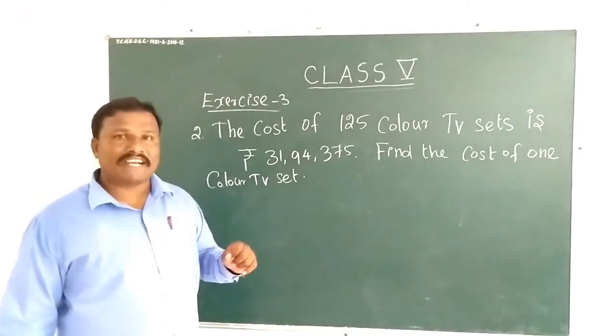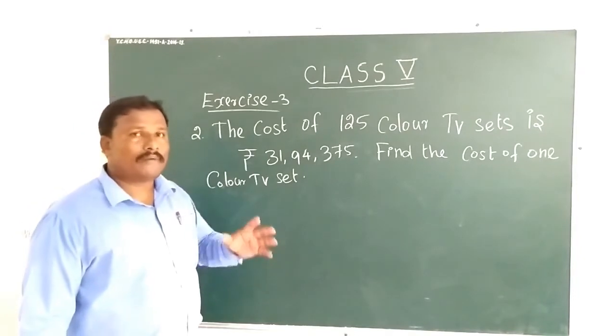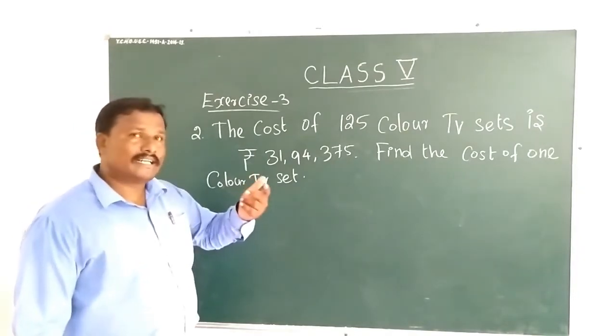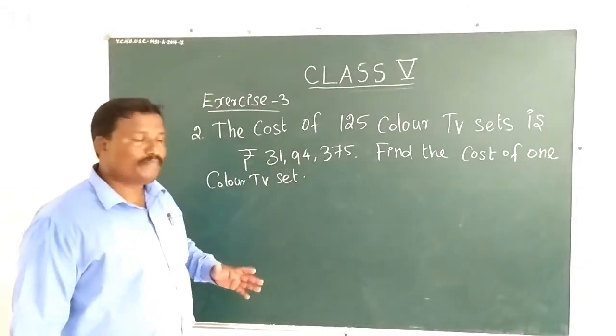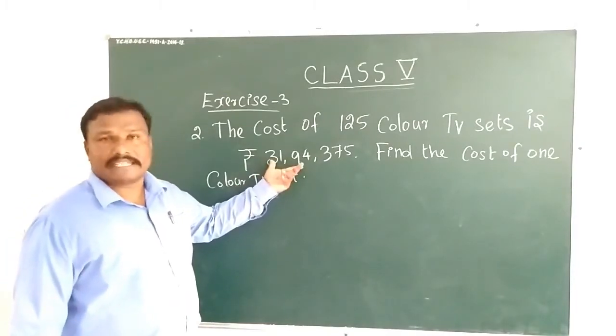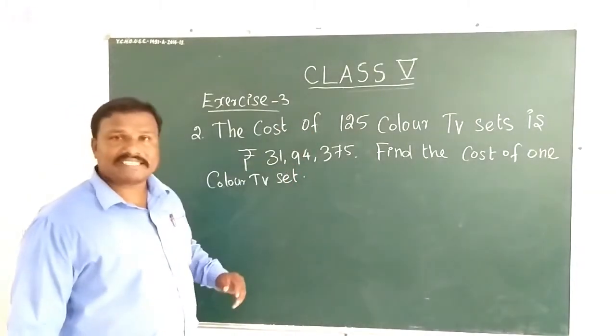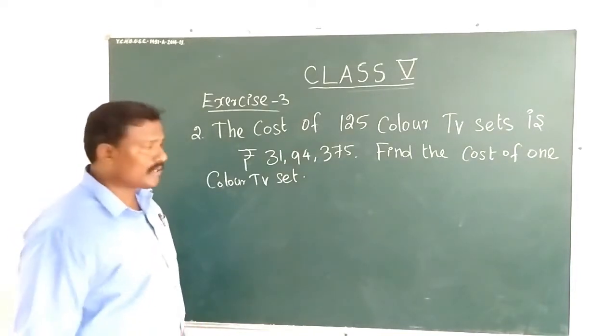So how will we find out? I already told you the division is the perfect method for finding the single, means one TV cost. Before we talk about another example, this also. I told you before, take the big number as the dividend, the small number as the divisor. Then we can find the quotient as the answer. Okay.